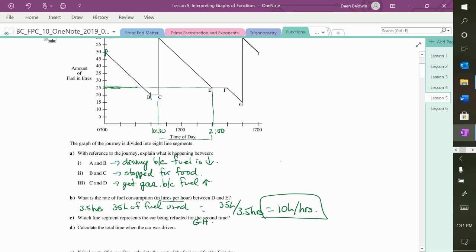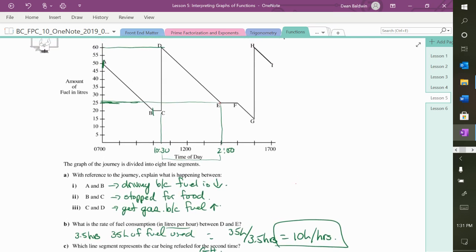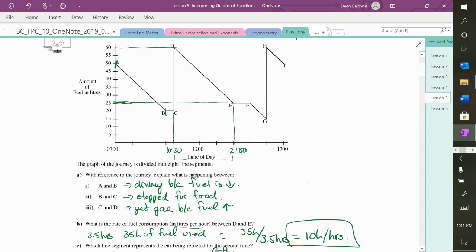How long were they driving the car? How many hours were they driving in the day, I guess is what I'm asking. How long did they drive from A to B? 3 hours exactly. So let me clean all this up. We went from 7 to 10, so there's 3 hours there.